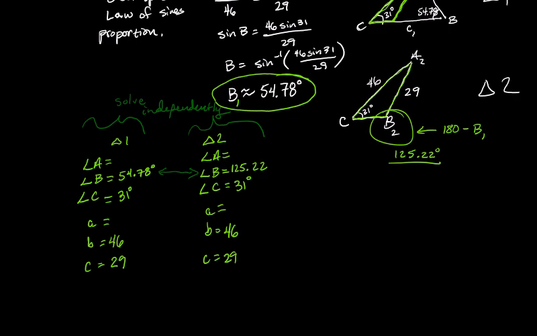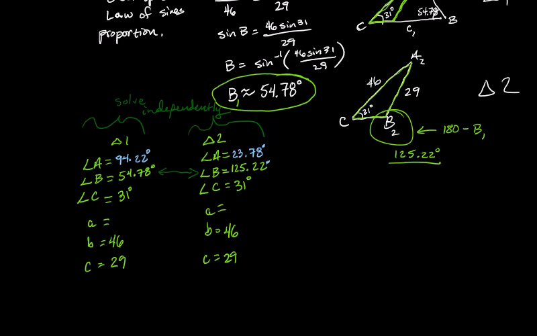31 plus 54.78. When I add those together and subtract from 180, angle A would be 94.22. Same thing over here, B and C, we add 125.22 plus 31, and then when I subtract from 180, I would get 23.78 degrees. Okay? Now I found all my angles.